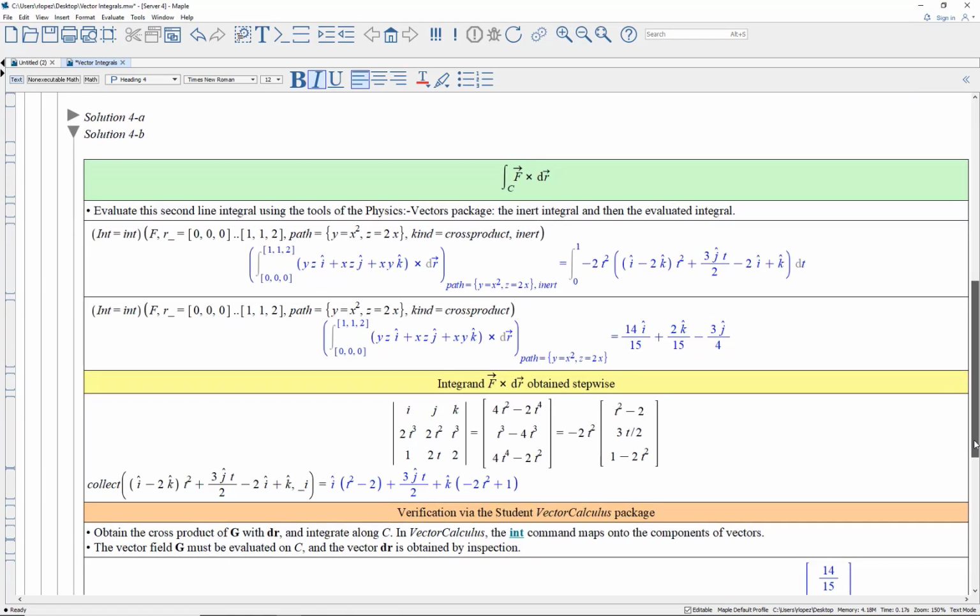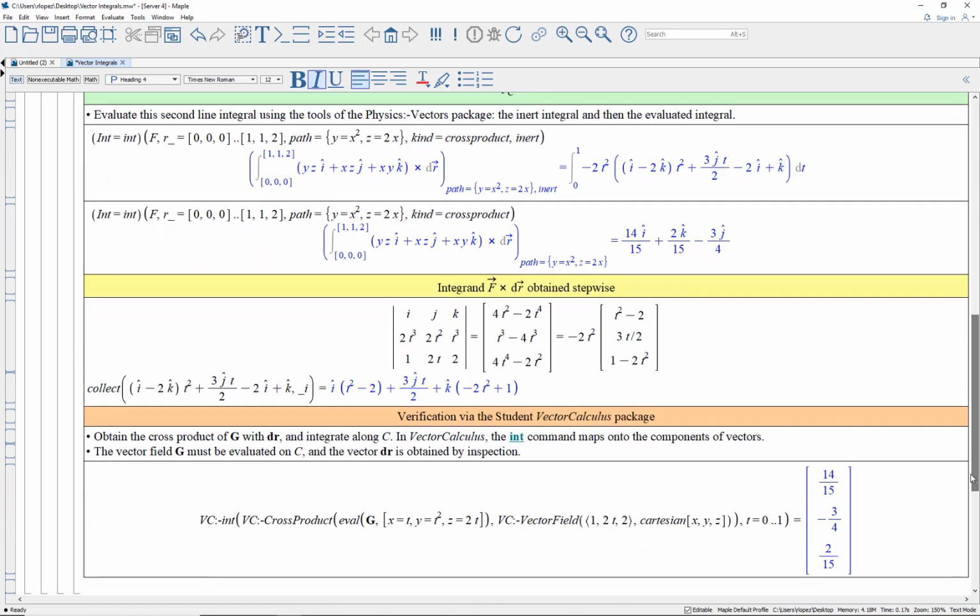We can verify using the Vector Calculus package. First of all, we need to evaluate G, the vector field, on the curve. Then we need to form dr as a vector field, and that's 1, 2t, 2.